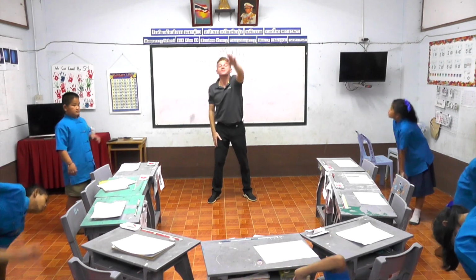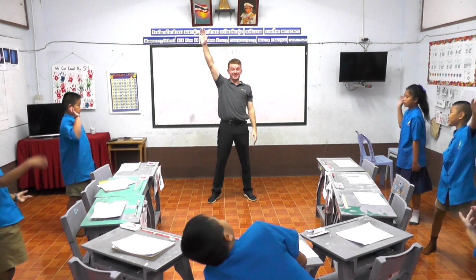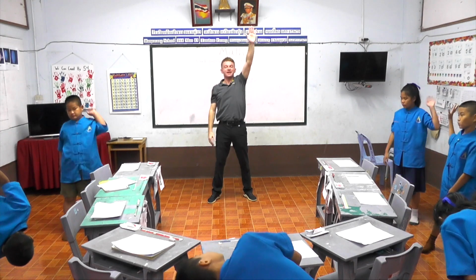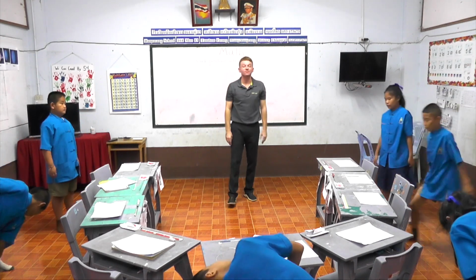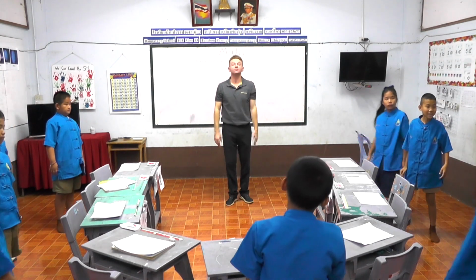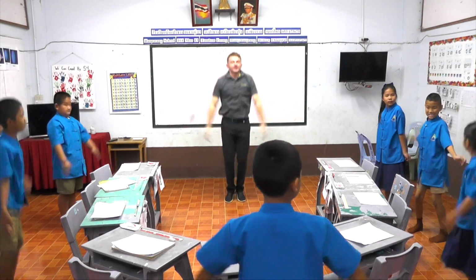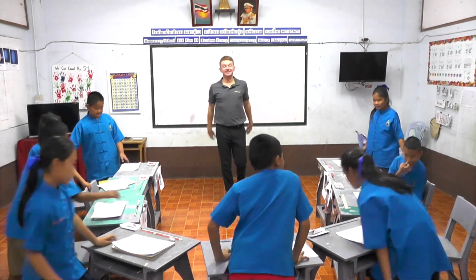Left hand, right foot. Right hand, left foot. Left hand, right foot. Excellent, guys. And to finish, we can do 5 star jumps. 1, 2, 3, 4, 5. Excellent, guys. Have a seat.